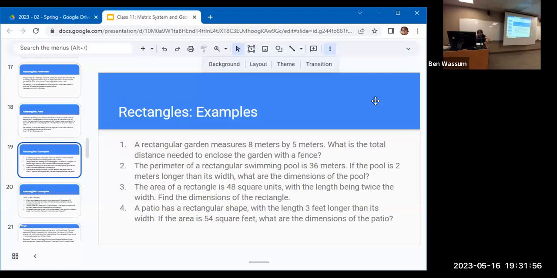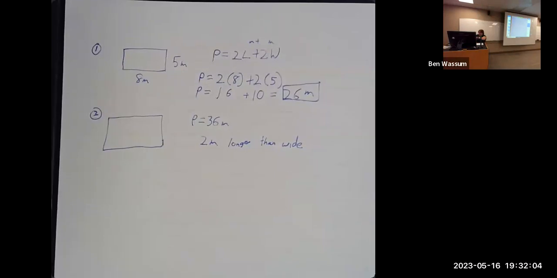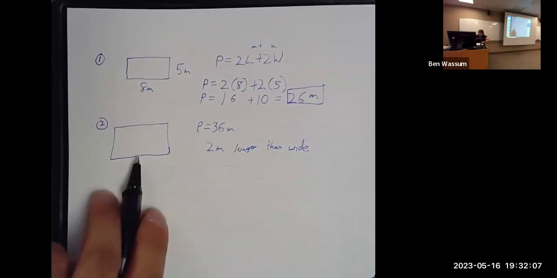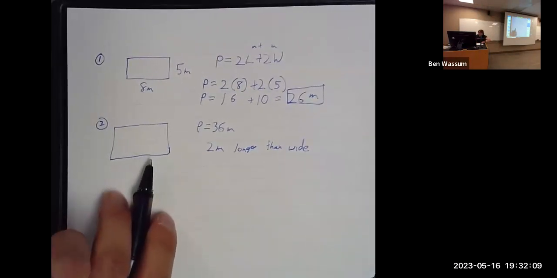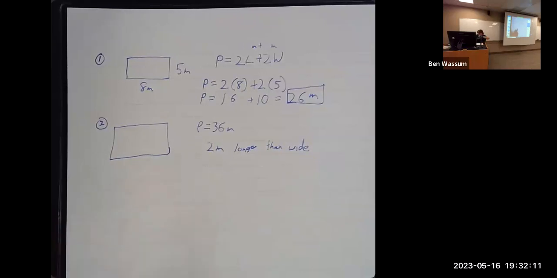So this one actually has a fair little amount of algebra in it. We know that the long side is 2 meters more than the short side. What I would tend to do, I always tend to draw a picture. But on problems like this, you kind of have to reason your way through it.